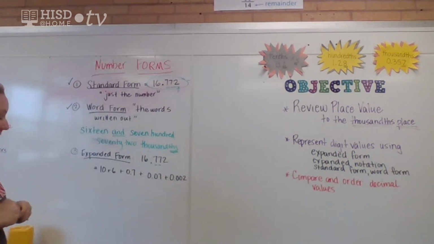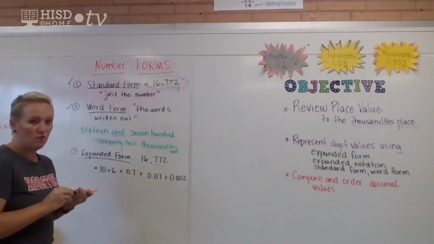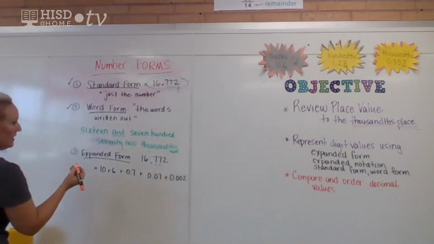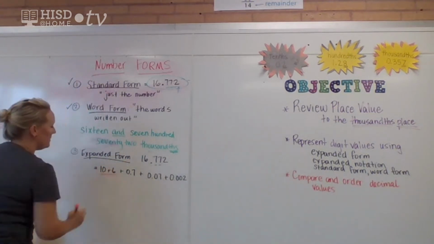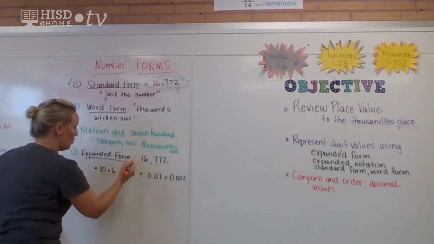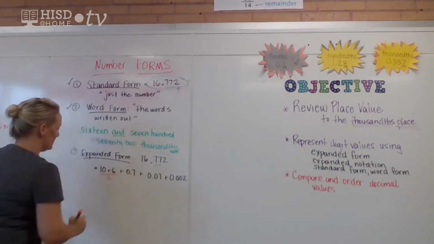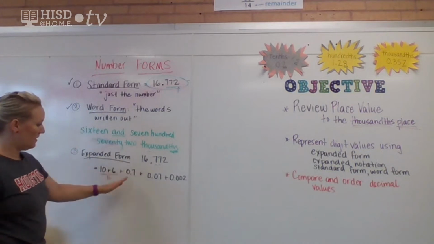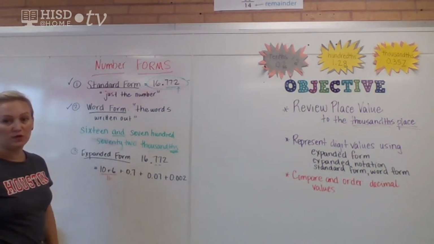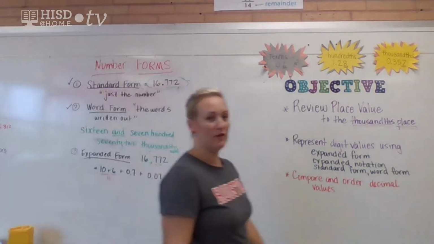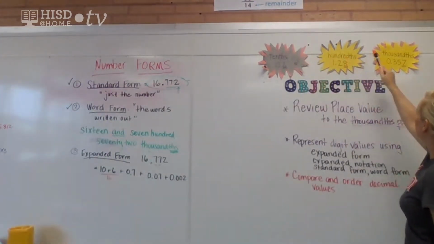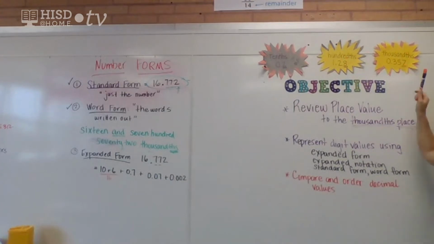I'm going to go over that again. Expanded form. So remember, all I did was expand it out all the way, right? I expanded 10 plus 6. I took my whole number and if I put 10 plus 6 together, I would get 16, which is what I have here. Then I expanded out each place value that we learned. So let's walk back over here. Tenths, hundredths, thousandths, okay?